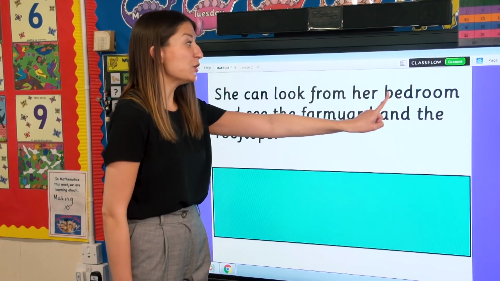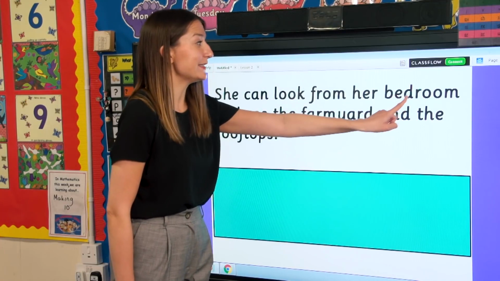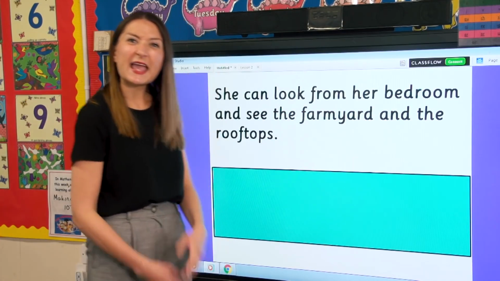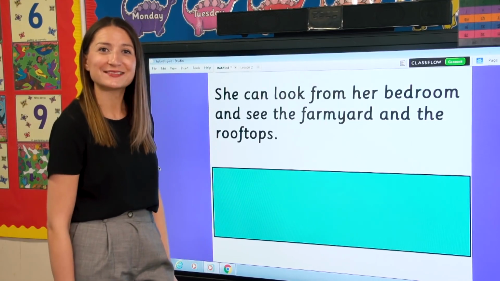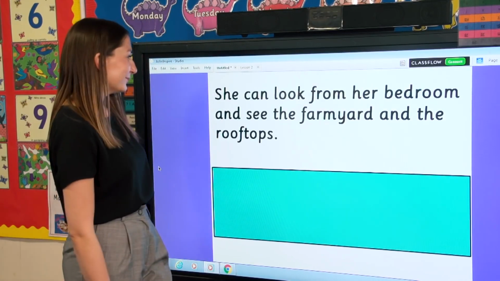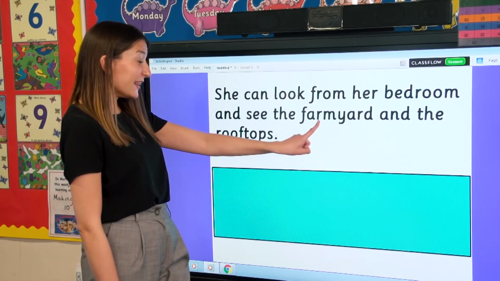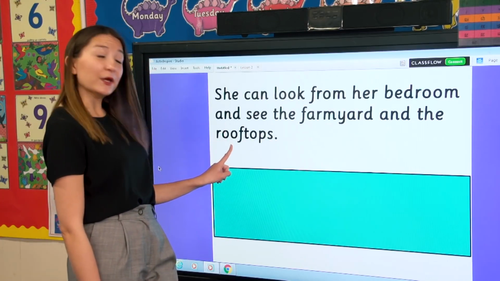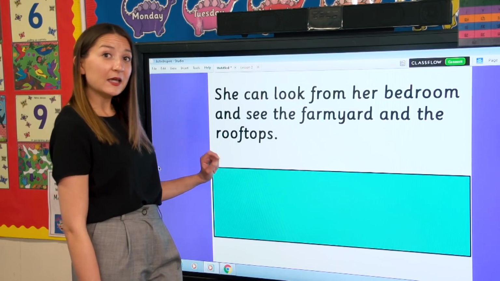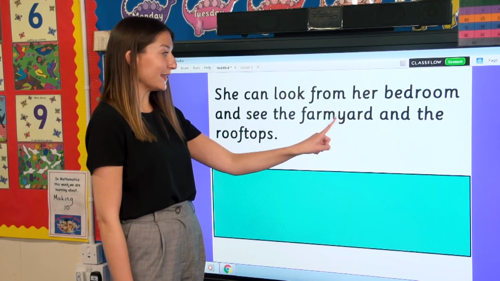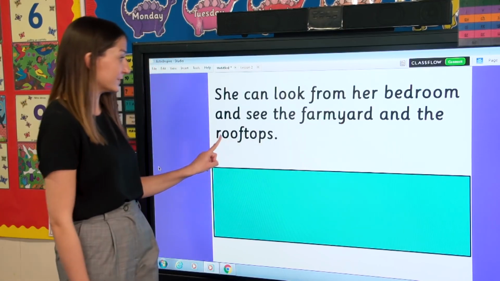I can see two words joined together to make a new word. Can you see any other compound words? Yes, this word and this word are both compound words because they have two words put together to make one word.